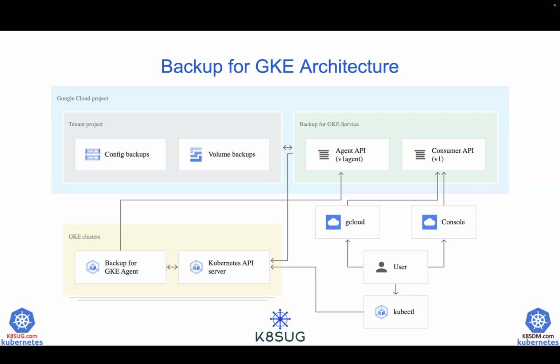The backup for GKE service doesn't support backup and restore across different projects. I believe that's the only restriction right now. The second component is the backup for GKE agent, which needs to be installed or enabled on every GKE cluster where you want to use the backup for GKE service.